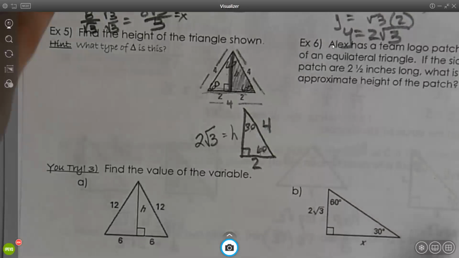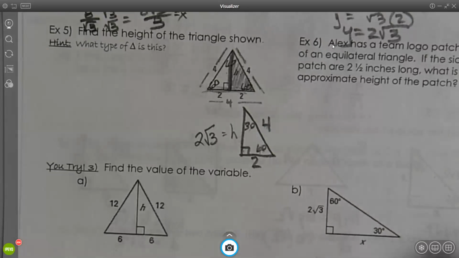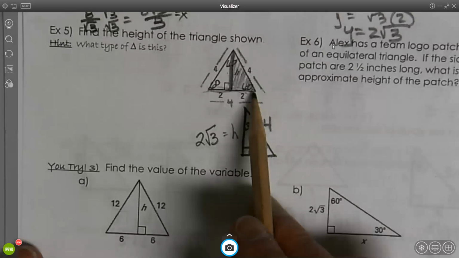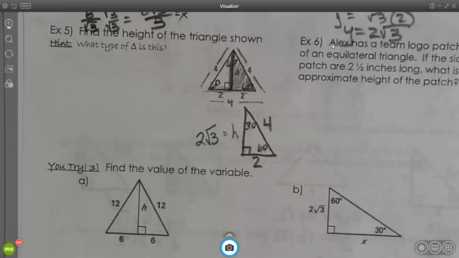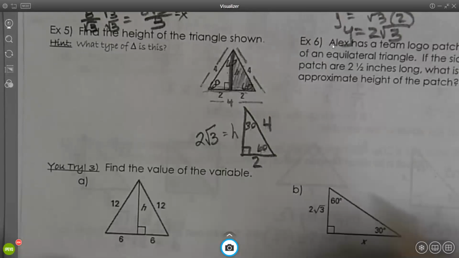The next step to this question is to ask, what is the area of the big triangle? You need the height. We found that. You know the base. So area of a triangle is half of the base times the height. So you have enough information to do that. But they're only asking for the height.